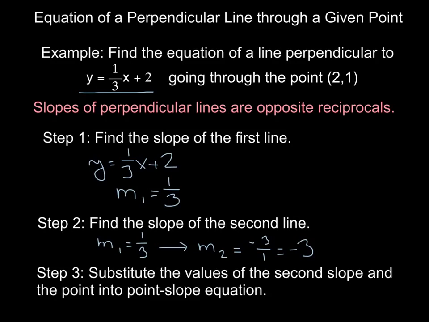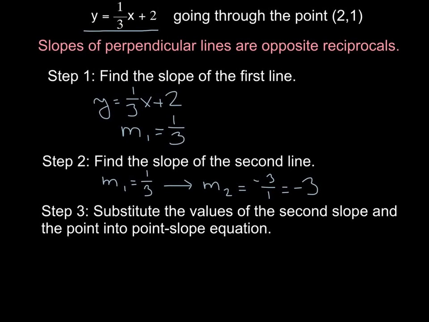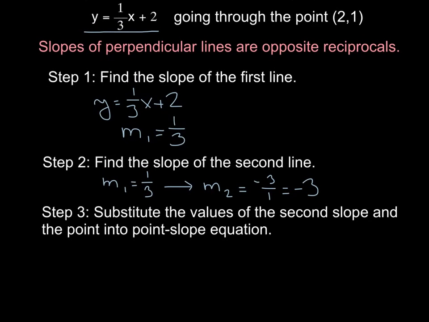Step 3 is to substitute the values of the second slope and the point into the point-slope equation. Let me move this up a little so we have more room to write. Now, let's remember that the point-slope equation is y minus y1 is equal to m times x minus x1.